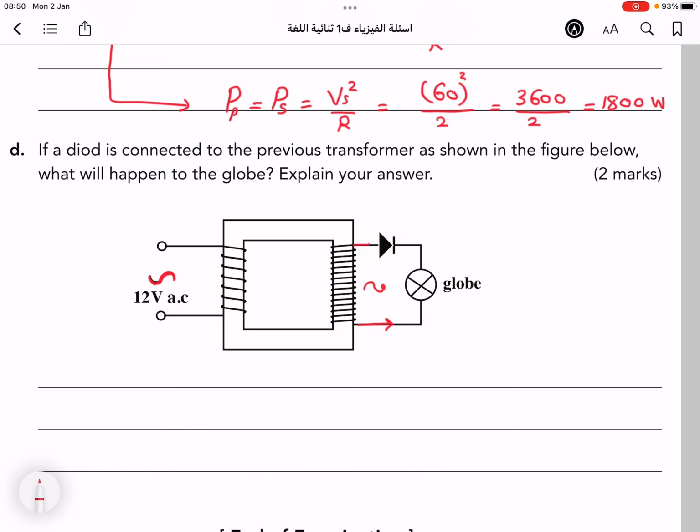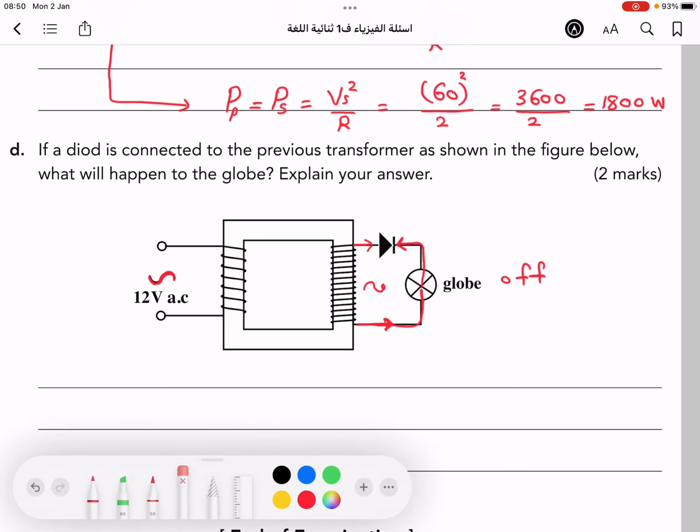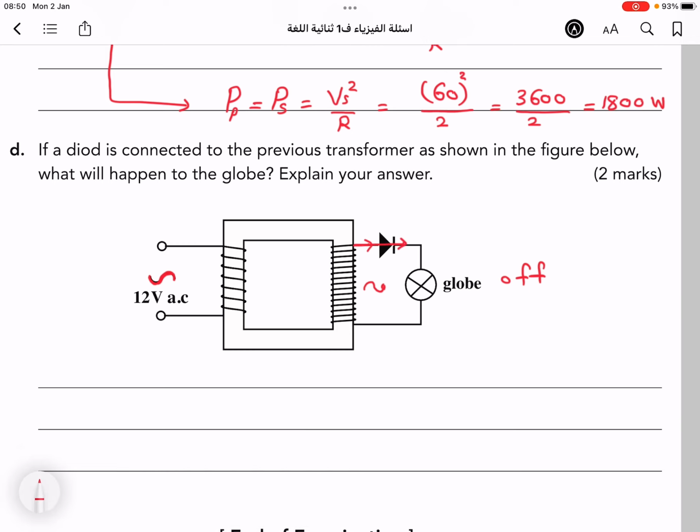The current can come from this side for a half period, and the other half the current comes from the other side. When the current comes from this side, it will not go through the diode, then the globe will be off. But when the current comes from that side, the current can go through the diode and the globe can be on.